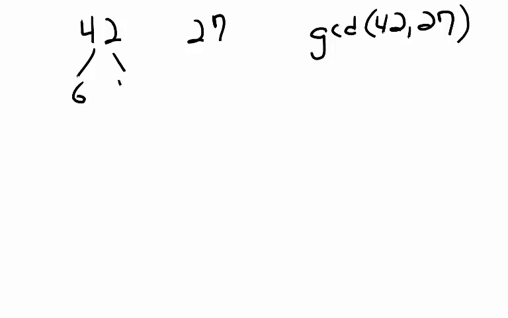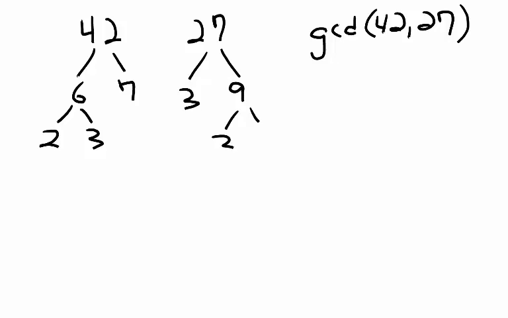Here we have 6 times 7, where 7 is prime and 6 is composite. So then 6 can be broken down into 2 times 3. 27 can be broken down into 3 times 9. 9 is composite, so we can break that down into 3 times 3.